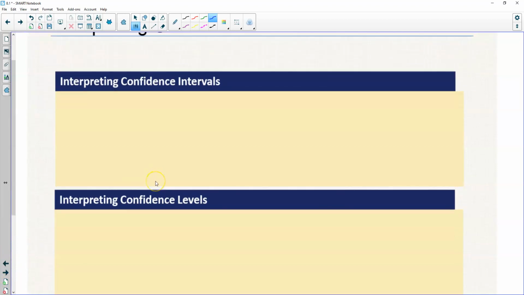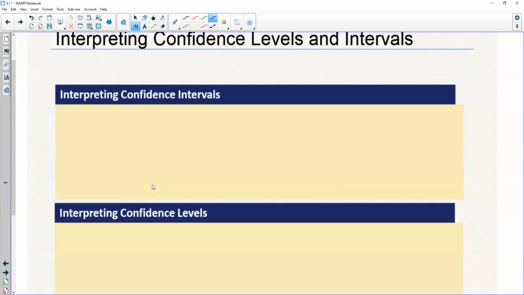So we're going to be interpreting confidence levels and intervals, and those look very different. Both of those are extremely important that you know the wording. So this is an important page. I would recommend memorizing these wordings. Okay, so I'm just going to write the interpretation here.